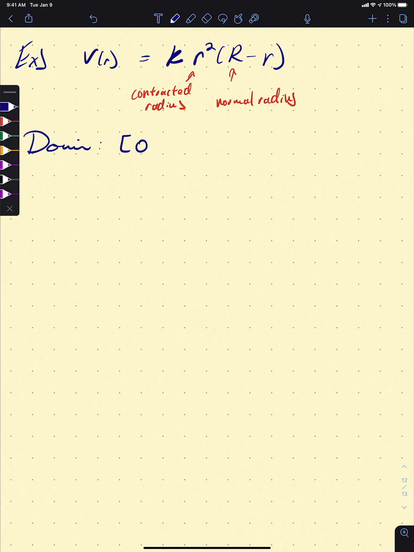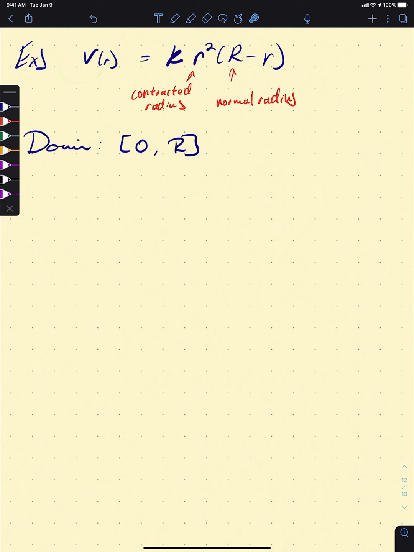If it contracted all the way to 0, it wouldn't quite make all that much sense, but that's as small as it could go. And the biggest it could ever get is the normal radius, not contracting at all. And so now we're trying to optimize V of r on this.